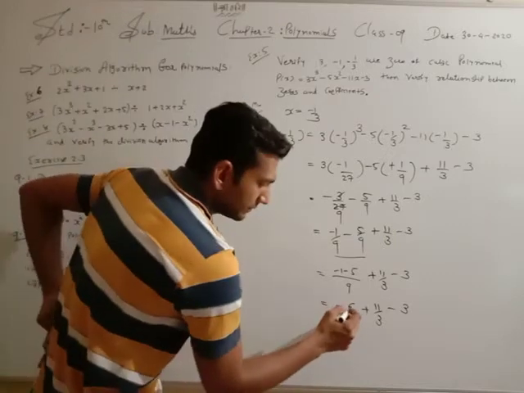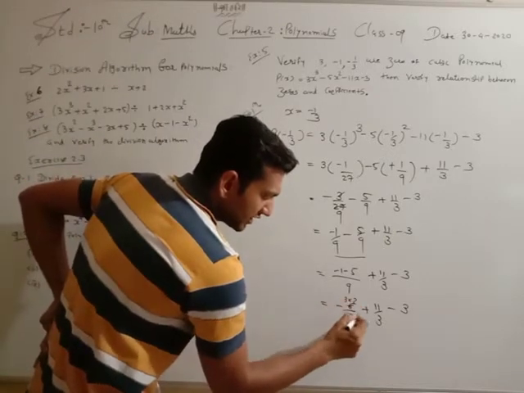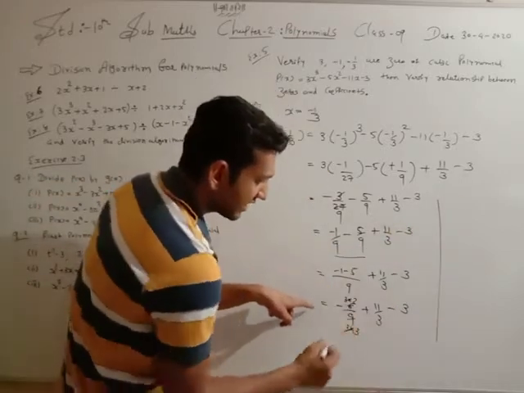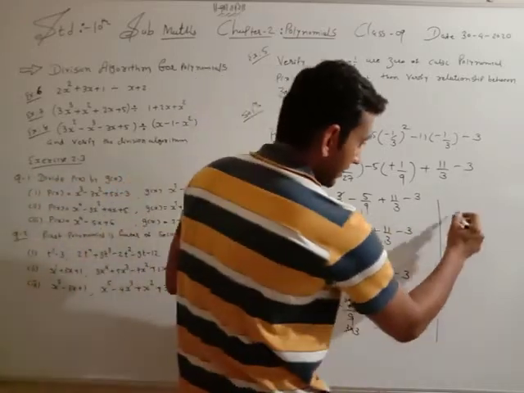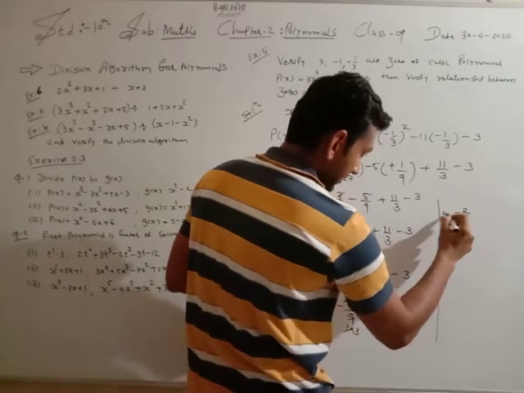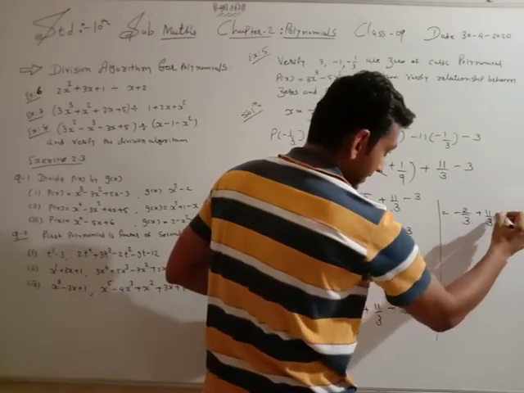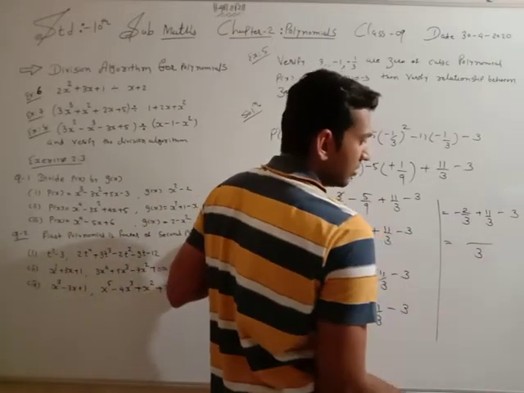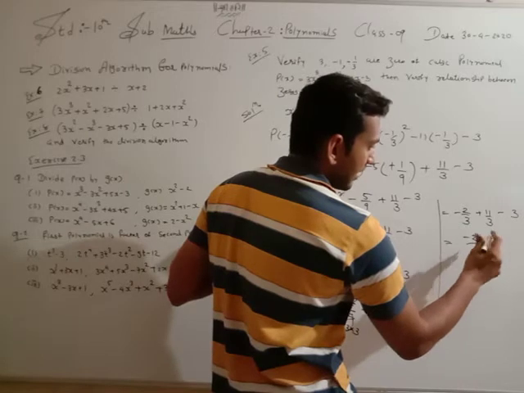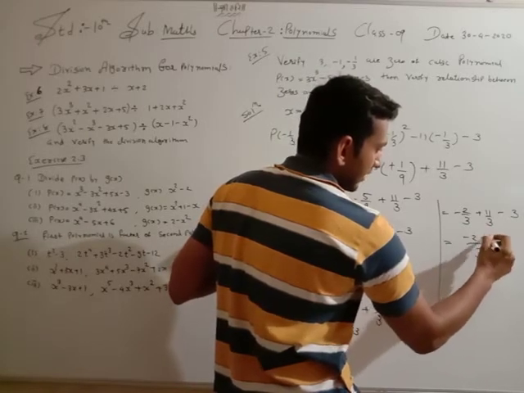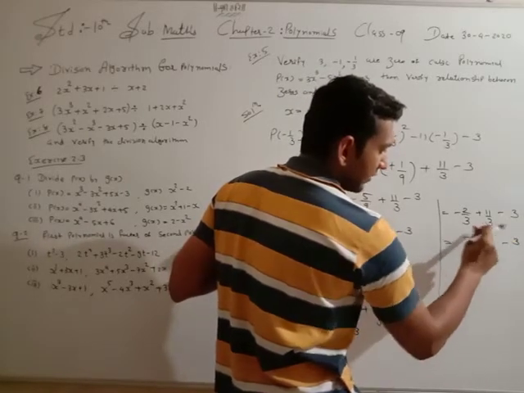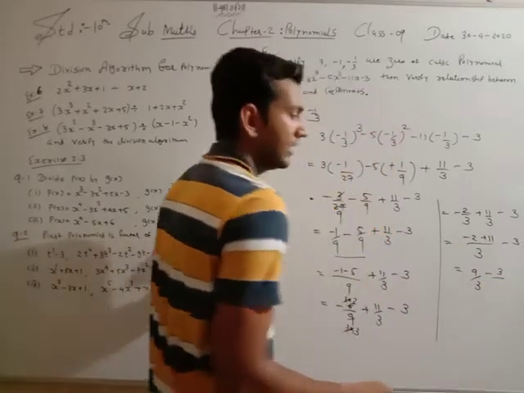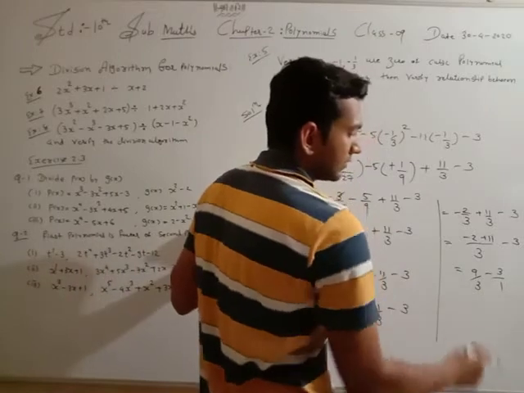Now 3 twos are 6, 3 threes are 9, so the 3 and 3 cancel out: minus 2 by 3, plus 11 by 3, minus 3 as it is. Now the denominators 3 and 3 are the same, so you can write minus 2 plus 11 as 9 by 3, minus 3. So minus 3 by 1.